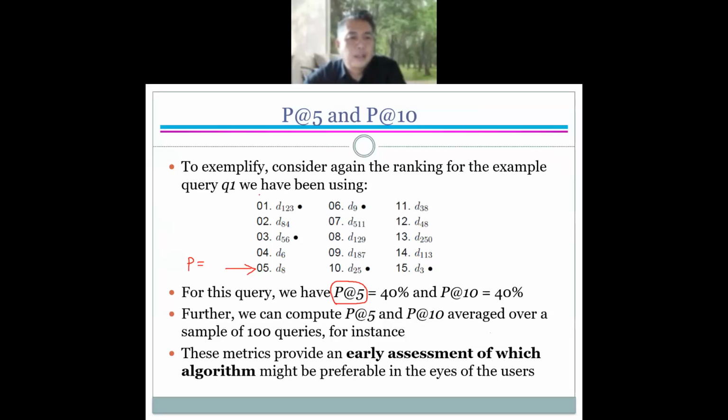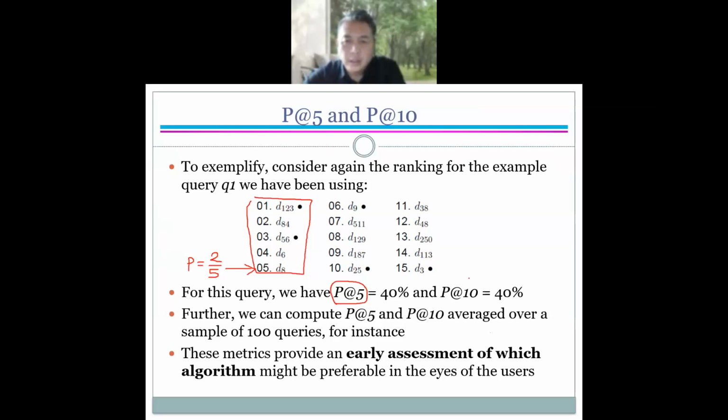We only have 5 documents, and out of 5 we have 2 relevant. So 40%.